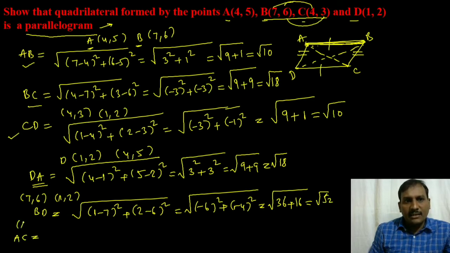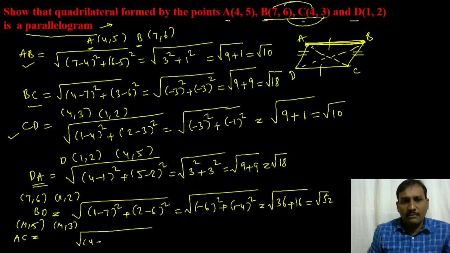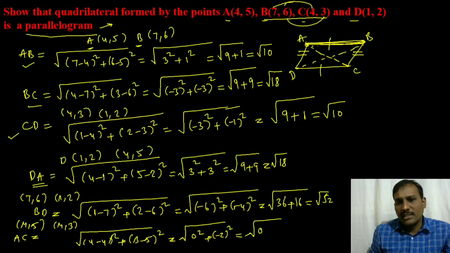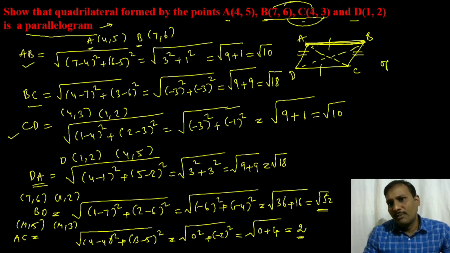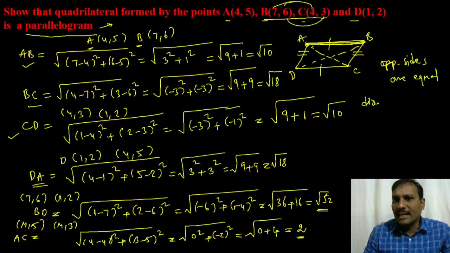A is (4, 5) and C is (4, 3). Therefore (4 minus 4) whole square plus (3 minus 5) whole square, that is 0 square plus minus 2 whole square. That is 0 plus 4, root 4, that is equal to 2 units. So the diagonals are not equal. So opposite sides are equal and the diagonals are not equal.